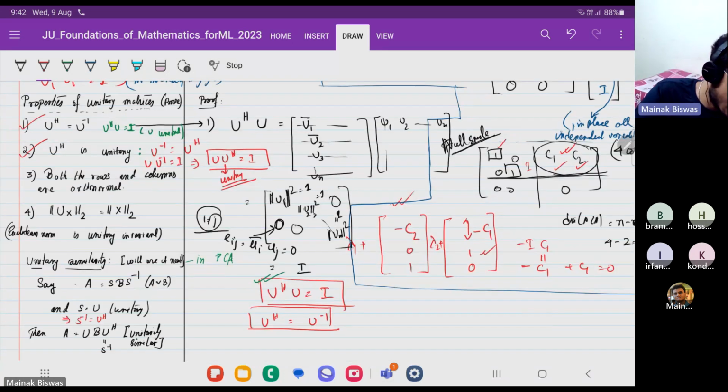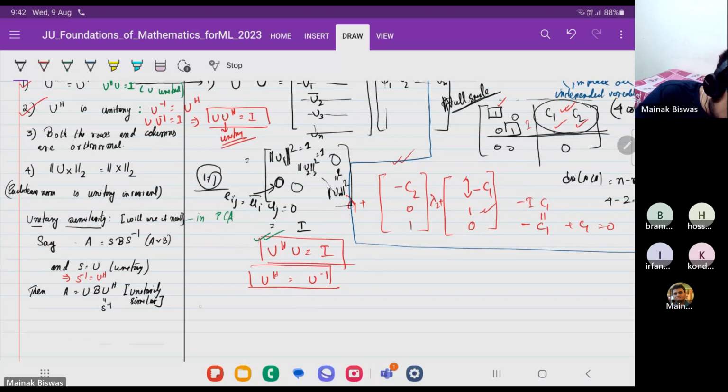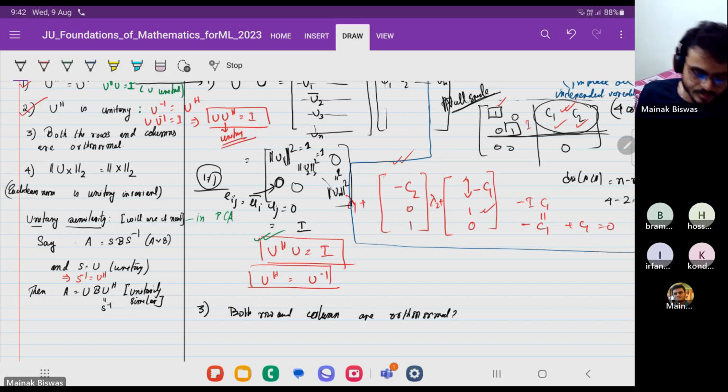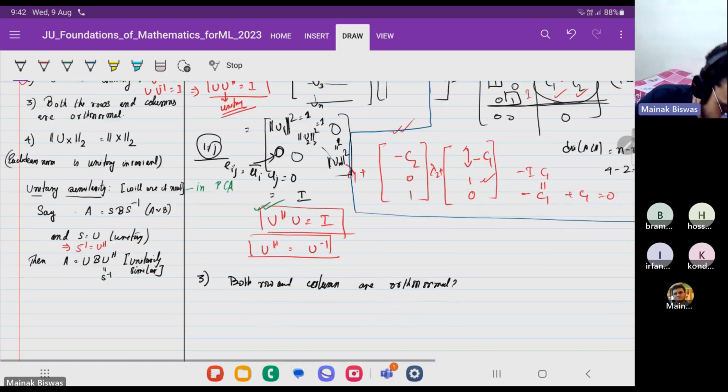So third question is both row and column are orthogonal. How do I do that? See, column I already know, right?